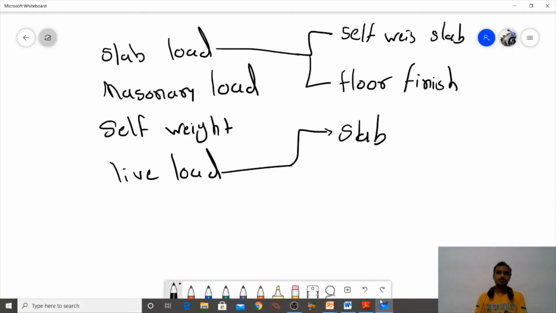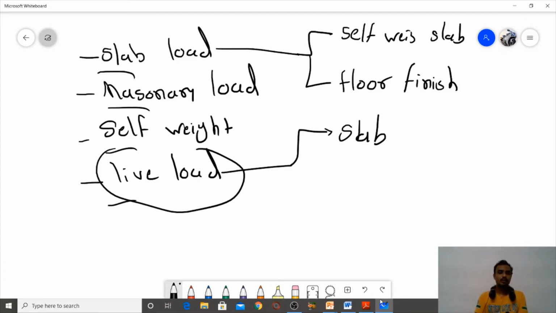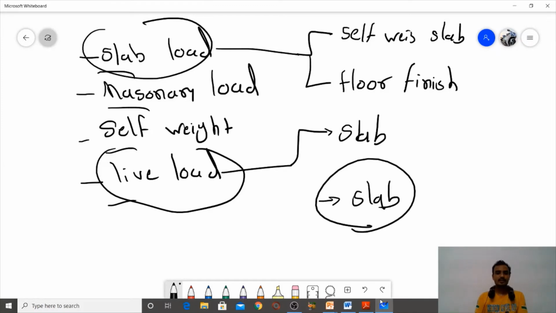So we have to calculate these four types of load on the beam. Masonry load and self weight of beam we can calculate easily, but slab load and live load both are transferred from the slab. So we will understand how the loads are transferred.